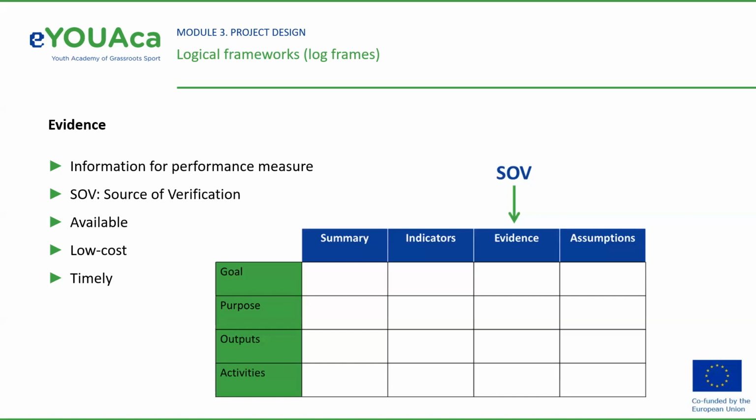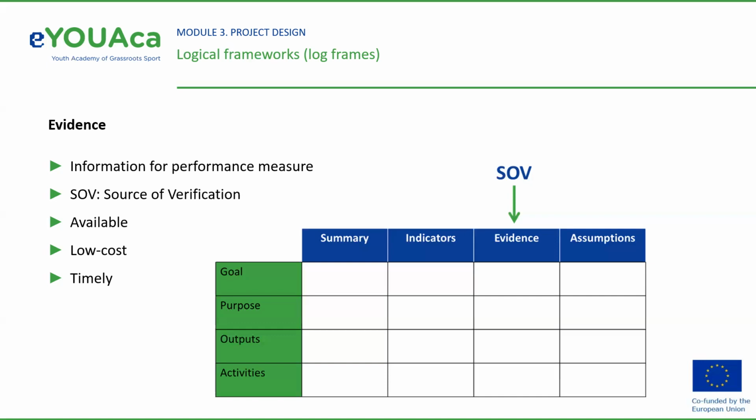And finally, consider whether it is timely. Will we be able to collect the information when we need it? For example, sometimes government statistics are not released until some months after the data was collected, because it takes time for them to be analyzed.